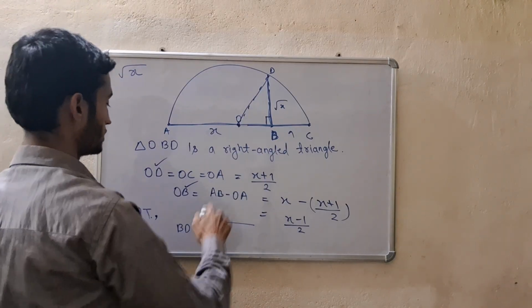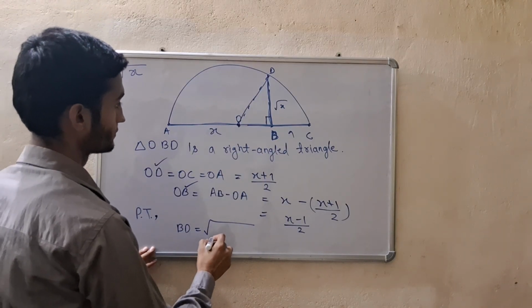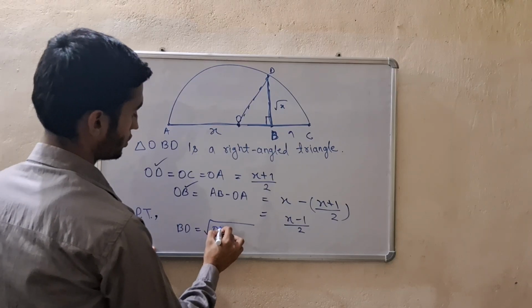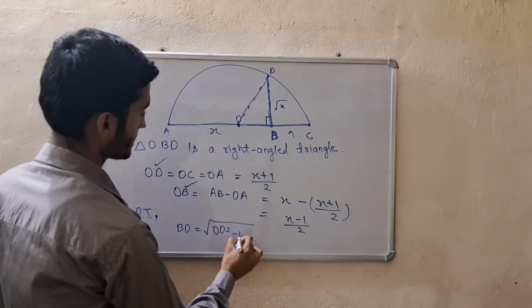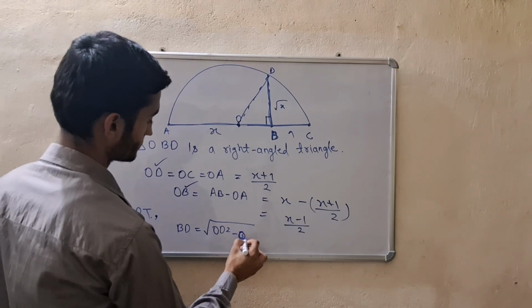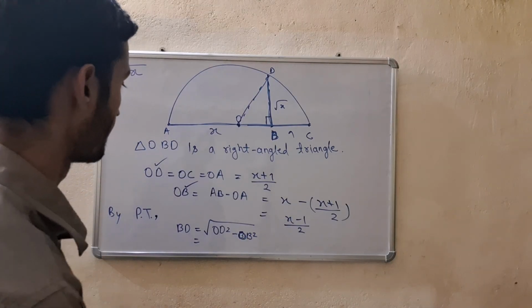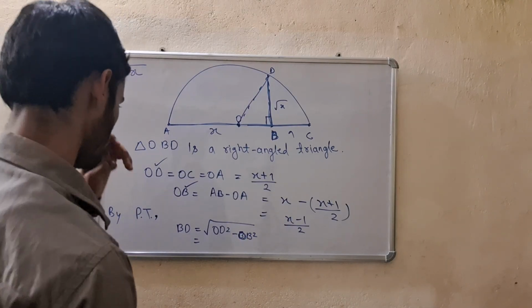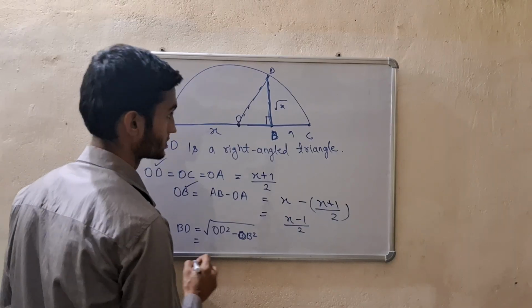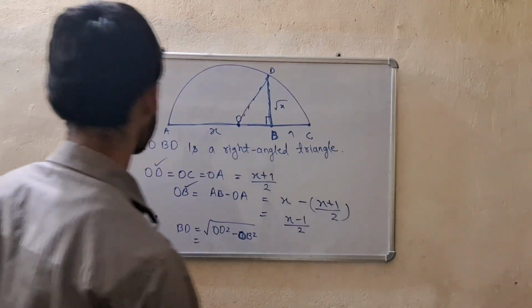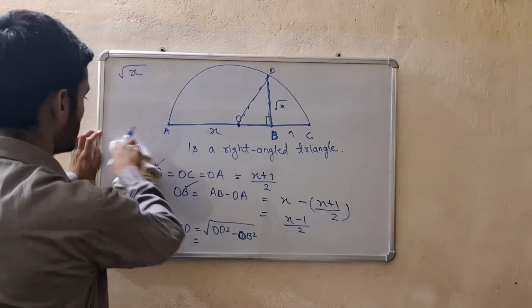BD equals the square root of OD squared minus OB squared, right? So what is OD? OD is (x plus 1) upon 2, whole squared. So let me erase this line.